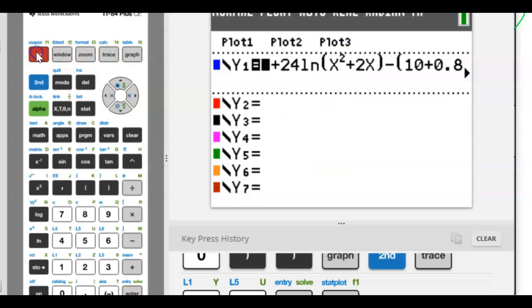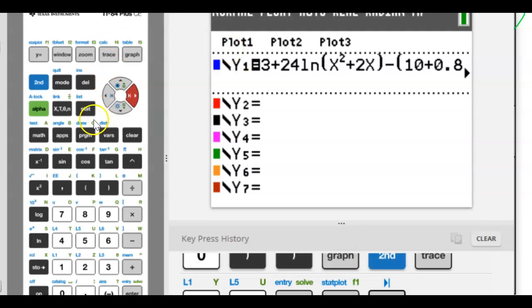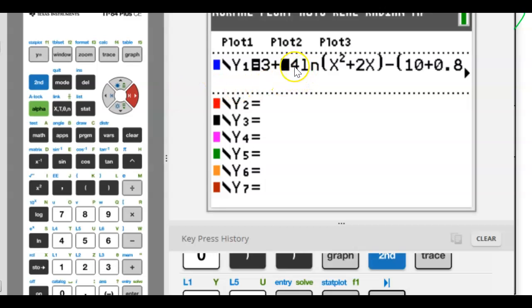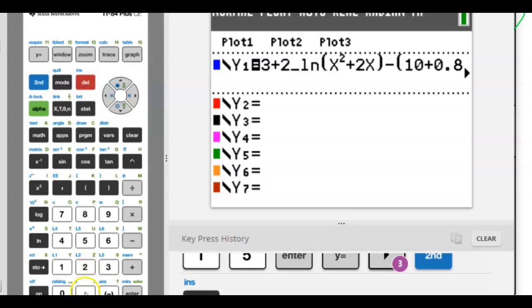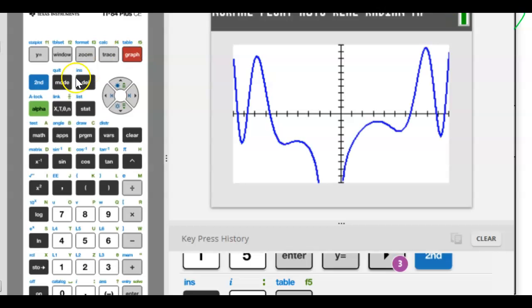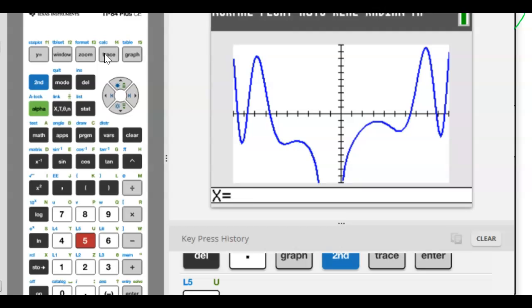Let's go back to my y equals. And I need to insert 2.4. So second insert, I need a period. Okay, let's try this again. All right, so let's go back to second calc, and we want the value of 5.